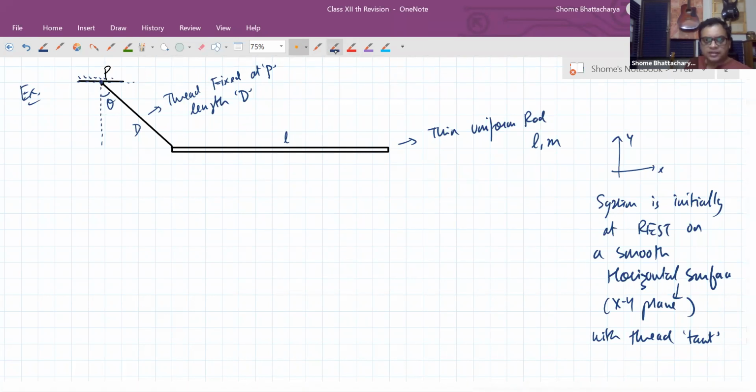Now there is a particle of the same mass as the rod, which is moving in a direction perpendicular to the length of the rod at a speed v naught, and comes and impacts this end point.